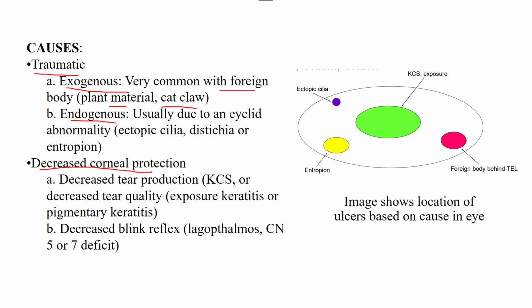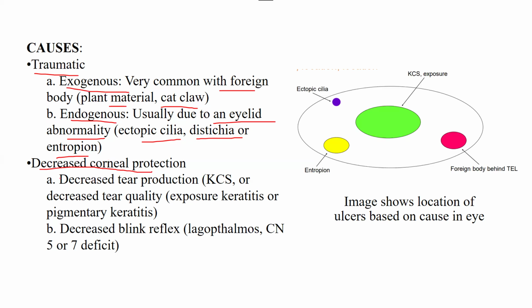Endogenous traumatic causes are usually due to eyelid abnormalities. So among eyelid abnormalities we have ectopic cilia, distichiasis, or entropion. When we studied the topics of entropion and ectopic cilia, we saw that these abnormal hairs cause damage to the epithelium of the cornea, causing ulcers.